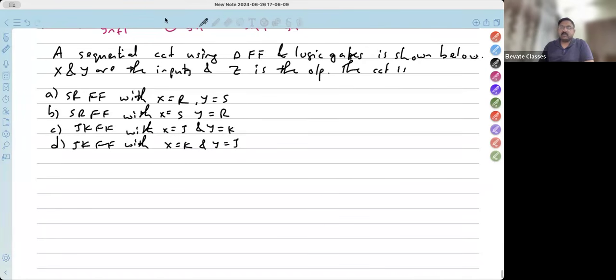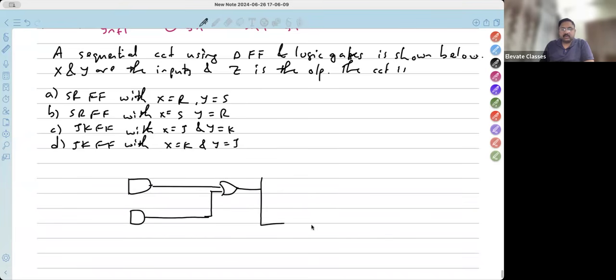Now let me give you the diagram very quickly. I'll draw the diagram and then you can try solving it. There is an AND gate over here. Another AND gate over here. Both AND gates are given to an OR gate.